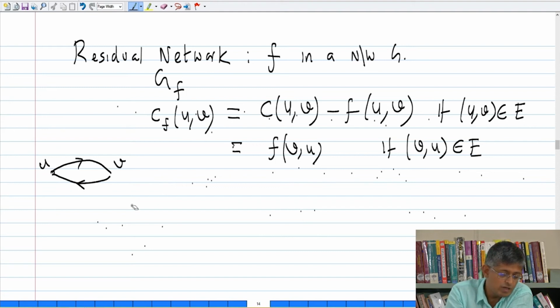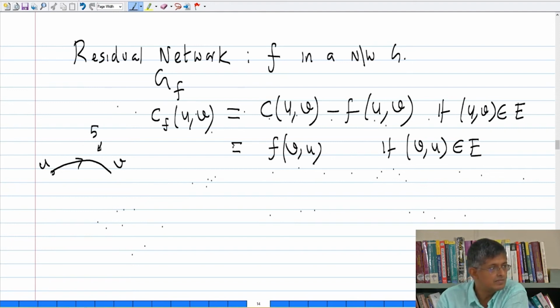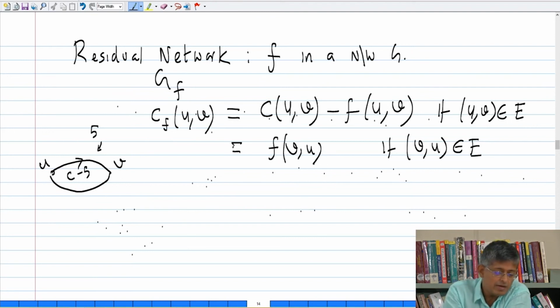So actually it only looks like this. So if you allocate a flow value of 5 to this arc, then the residual capacity of this arc is its capacity minus 5. But you also keep track by adding this arc and giving it a capacity of 5.